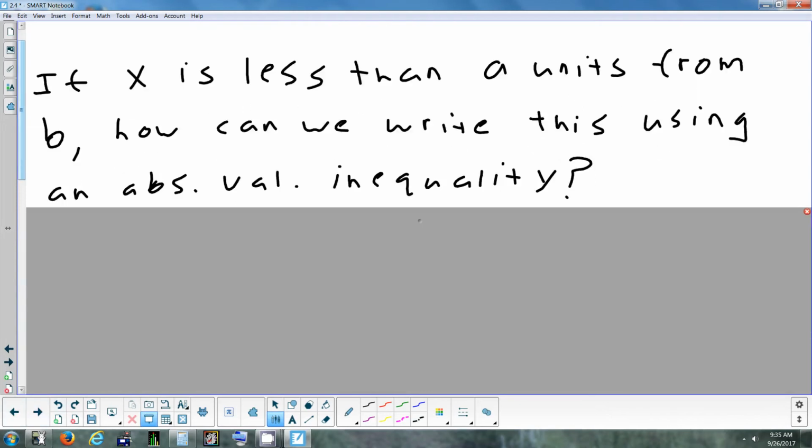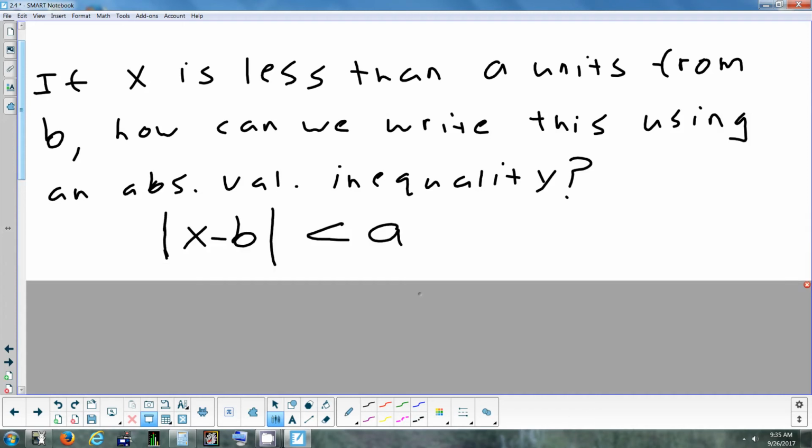All right, so we're going to see some problems that say something like, write an inequality for the following. And it'll say something like, x is less than 3 units away from 10. So if I asked you to give me a number that was less than 3 units away from 10, you could say, well, I could do something as low as 7. That's within 3 units of 10, and as high as 13.